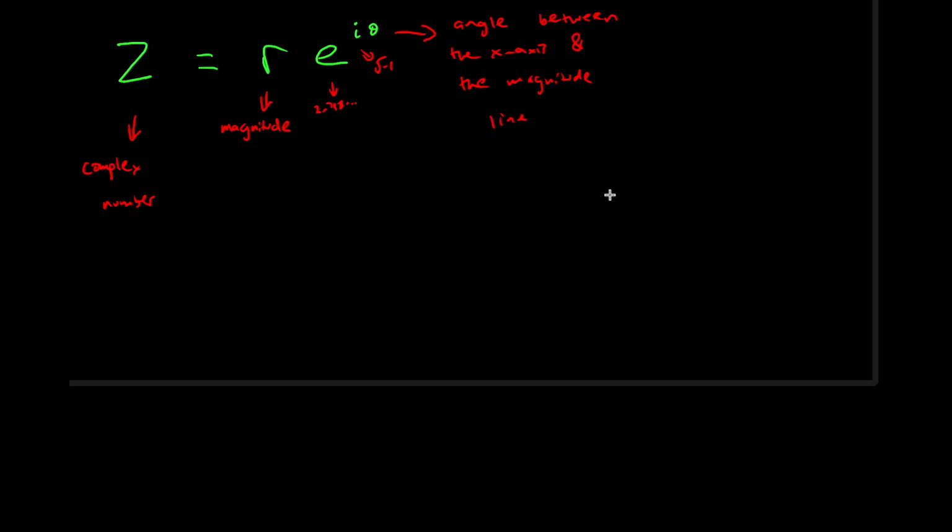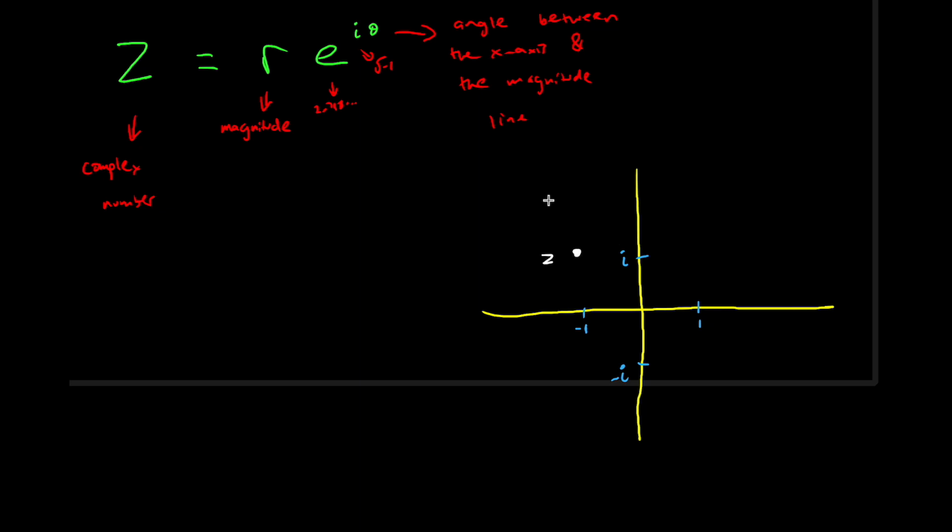This might be a bit hard to wrap your head around, so I'll draw a graph. I'll call this 1, i, -1, and -i. I'll also pick an arbitrary complex number over here, call it z, and I'll draw the magnitude because we're going to need that.